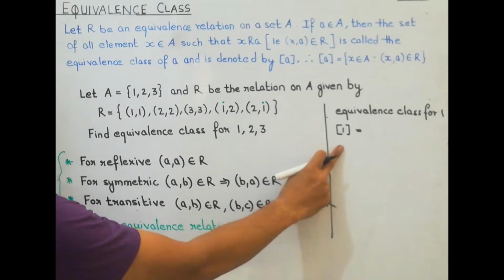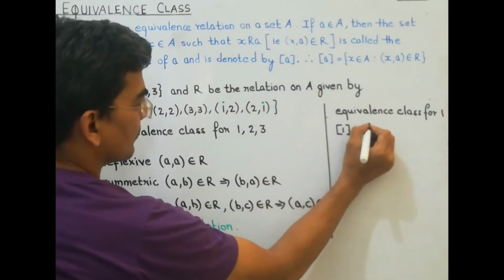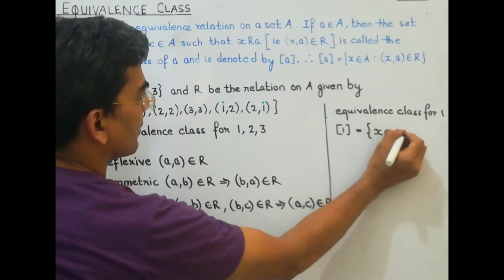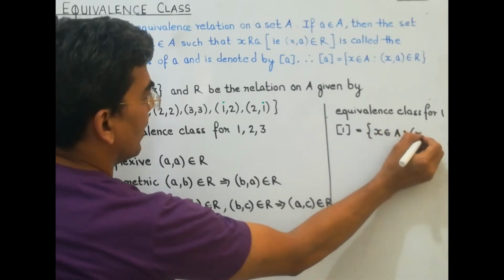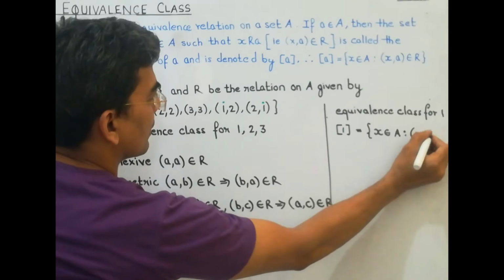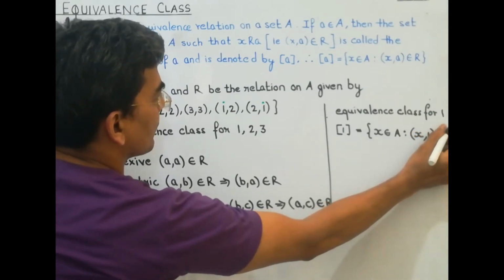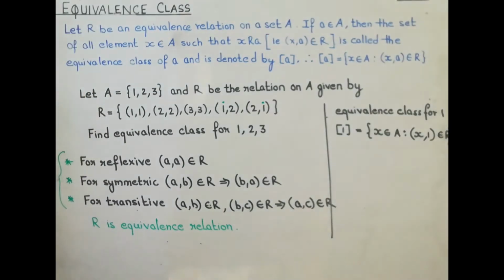And what will be the meaning of this? X belongs to A such that X comma 1 belongs to R. See, this will be the meaning.